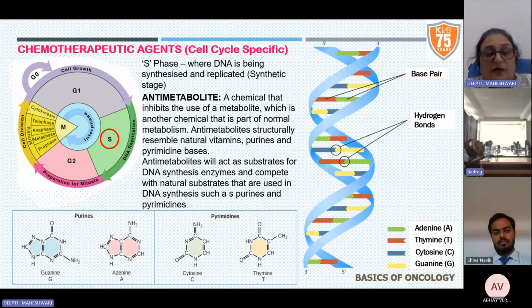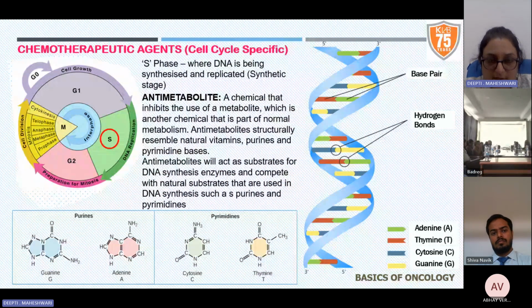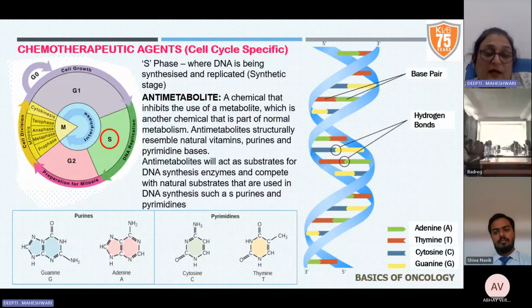So instead of the normal purine or pyrimidine which is required for the cell to multiply, you have an antimetabolite which is structurally similar. Something has come which is not the actual purine or pyrimidine, but it has already entered. So what will happen? The normal cell function will not take place because you don't have the right vitamin or the right purine or pyrimidine base. So the normal cell functioning will be disturbed.